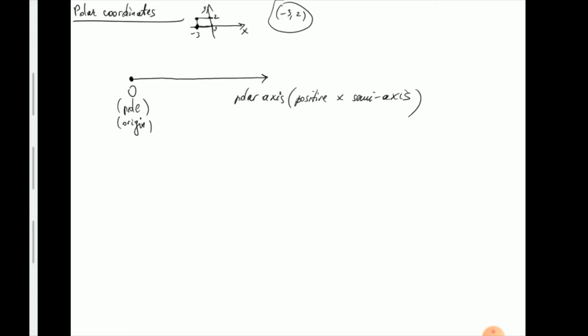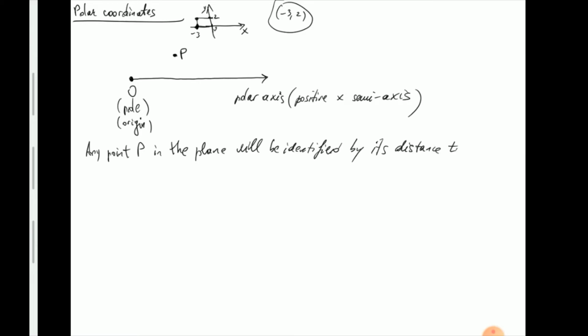Okay, so then any point P in the plane, and let's write this in words before I actually sketch, will be identified by its distance to the origin, denoted by r, which is greater than 0.